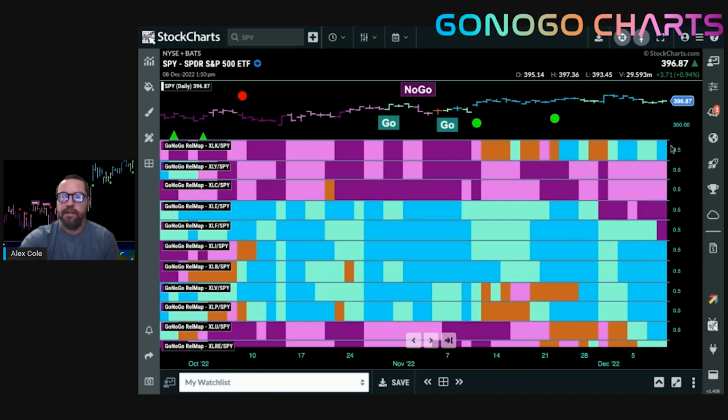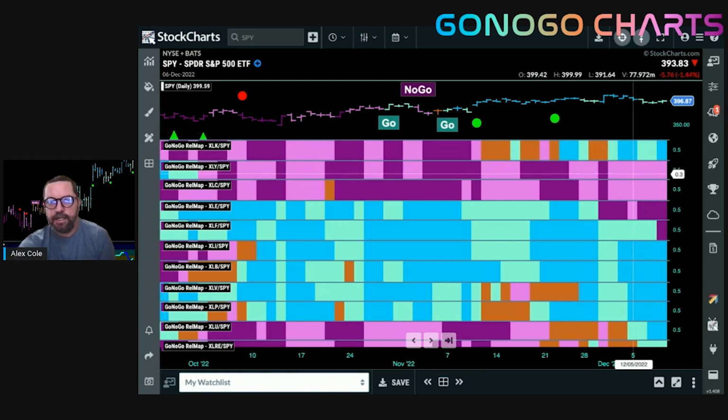Having said that, if we look at the top panel here, this is technology. So technology on a relative basis is outperforming and in a strong go trend relative to the base index. So very interesting there. And we're going to take a look at the technology chart coming up here in a minute. But interesting to see how that's changing, and interesting to see how we're getting this rogue outperformance from the technology sector.